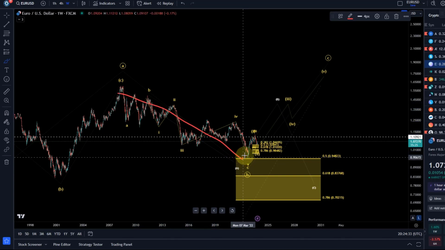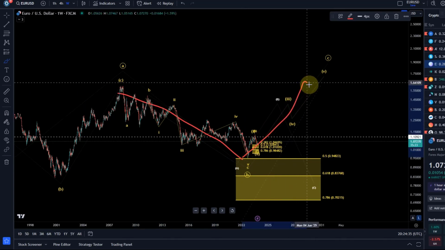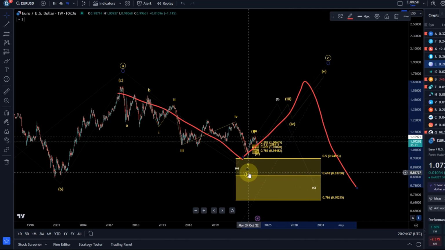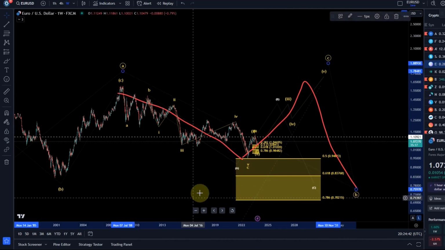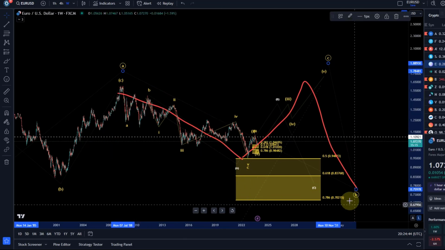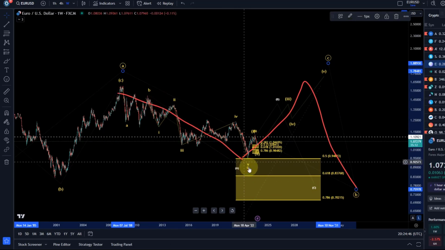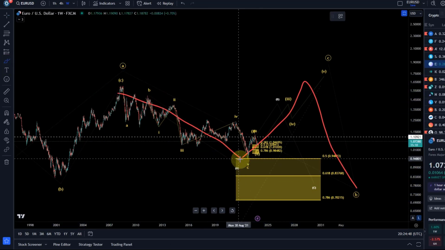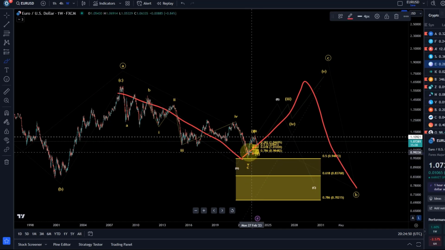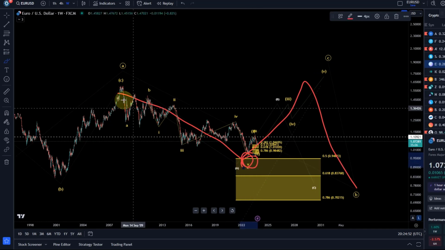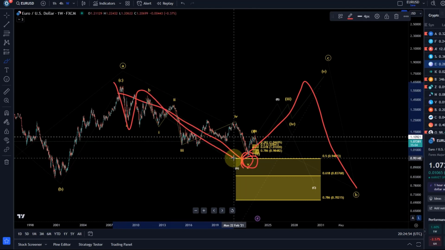We're now starting a rally in a B wave and would then come down in wave C, basically here in white. And this B wave would just be here. So at the moment, I count all of B in place, which is down here, October 22, because this is an ABC structure.